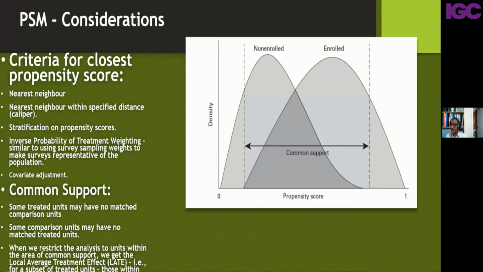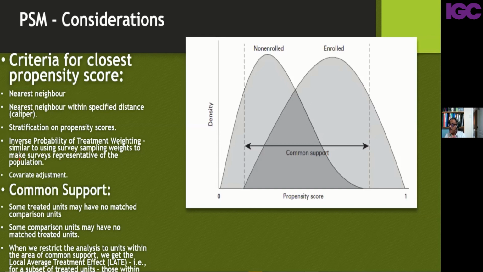So you take one treated unit or participating unit with a propensity score of say 0.7. Now, what is a matched unit with a similar propensity score? Now, here you will find, if you go into the econometric literature on propensity score matching, that a number of different criteria have been selected.